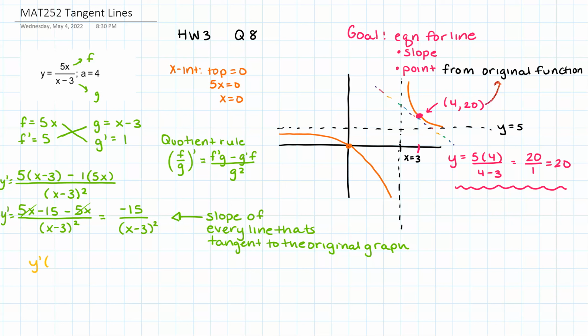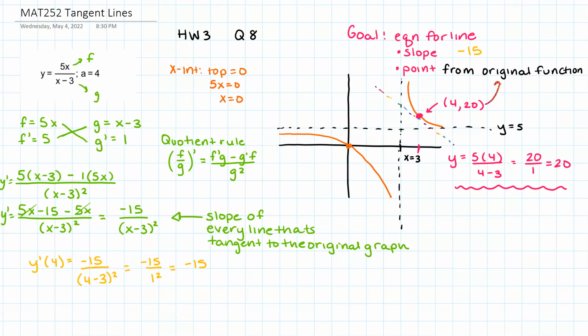So I'm going to say y prime of 4 is going to be negative 15 over 4 minus 3 squared, which is negative 15 over 1 squared, which is negative 15. So now I have both things. I've got my slope, which is negative 15, and I've got my point from the original function, which is (4, 20). And now I just have to plug it in.